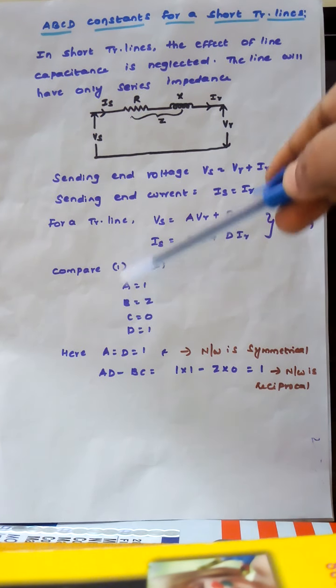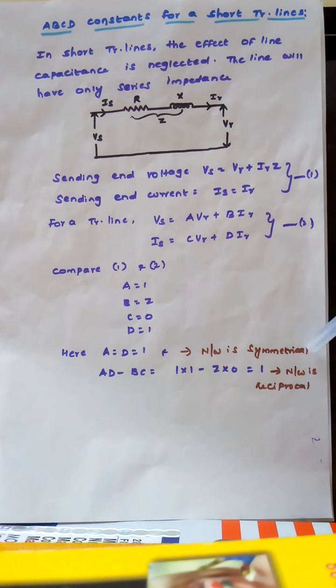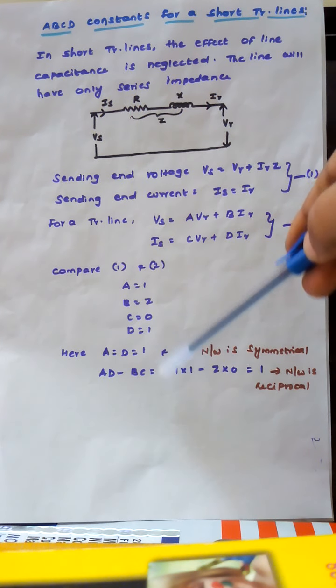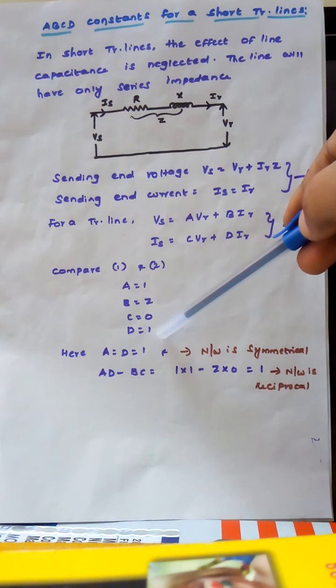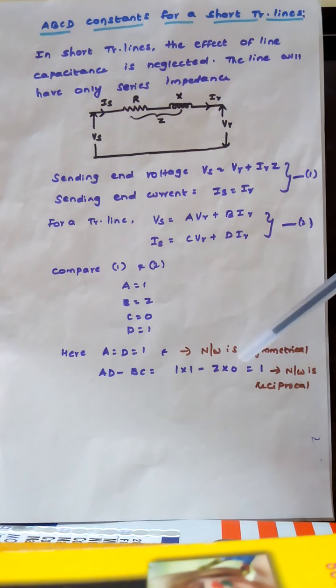Checking A equal to D, both are equal, so the network is symmetrical. And checking the condition AD minus BC: A is 1, D is 1, B is Z and C is 0, so we get 1. So the network is a reciprocal network. So this is the ABCD constant for the short transmission line.